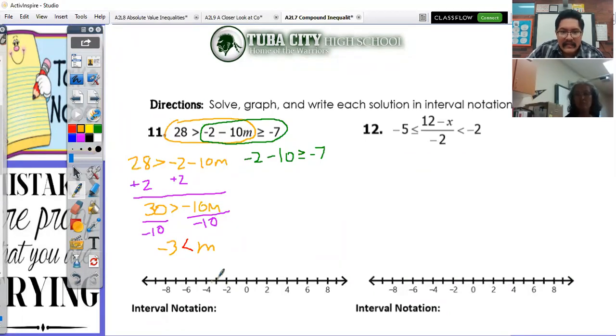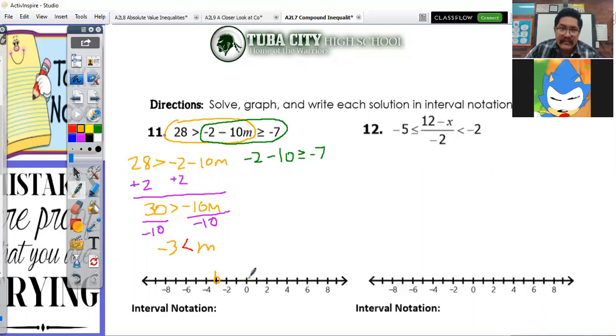So let's mark out negative 3. And it's less than m. So which way does it go on this one? Now I'm going to pick 0. 0 is a good one to pick because 0 is always greater than negative numbers and is always less than positive numbers.